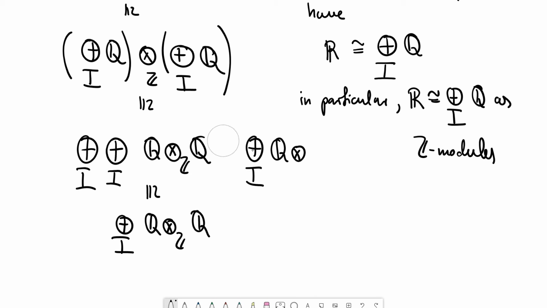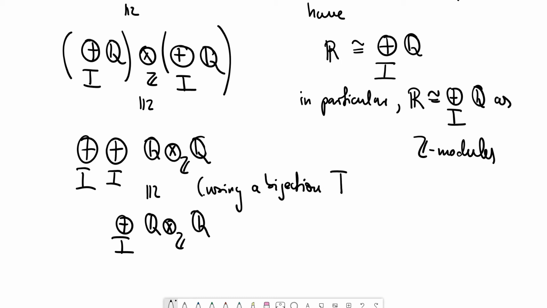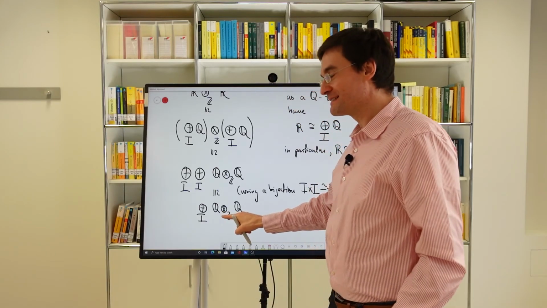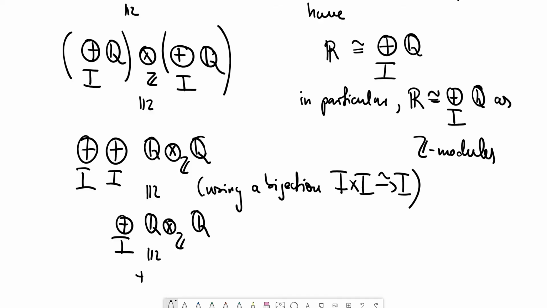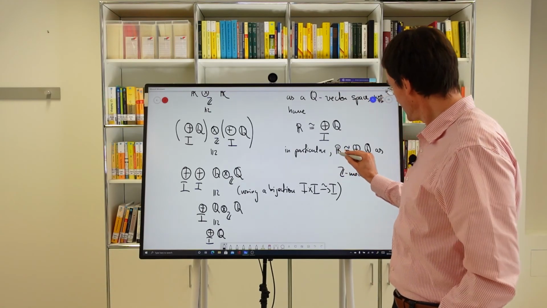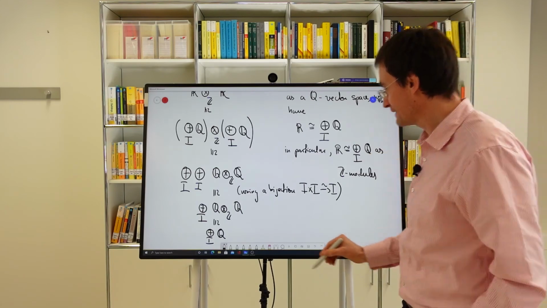This is using a bijection of I times I and I. And this we just computed, so this is just Q as a Z module by our previous computation. And we use this isomorphism here of R with this sum, so this is again R.